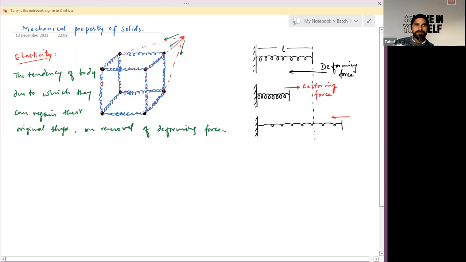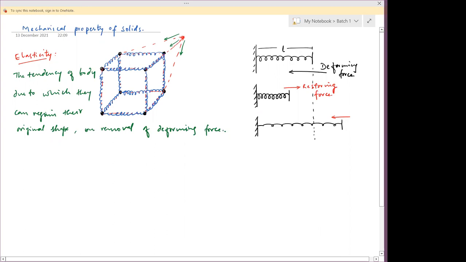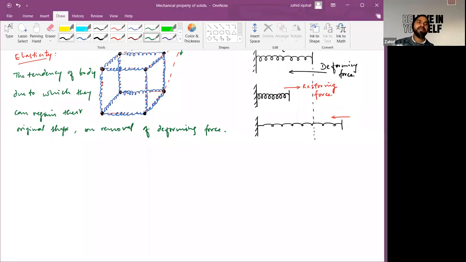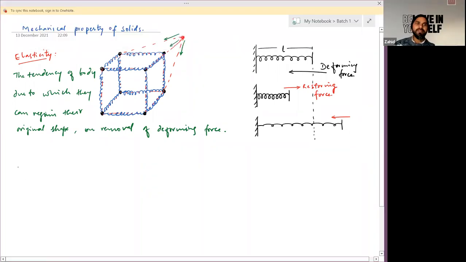Salman, any doubt? No, sir, no doubt. Similarly, we may define the opposite of this behavior, which is called plasticity.